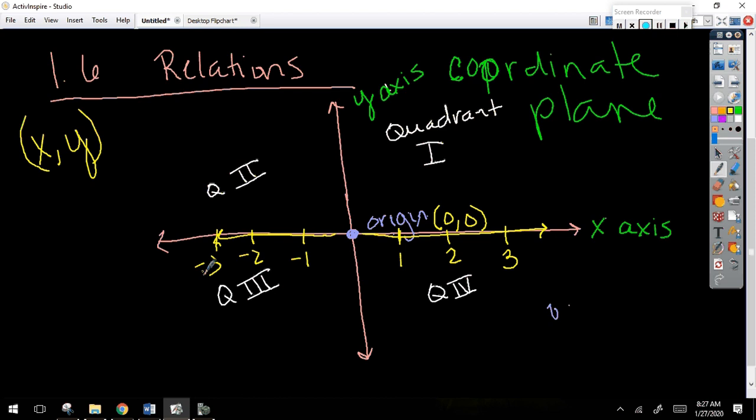For Y's, up and down, I would have positive going this way and negative going this way. Everybody okay on that?